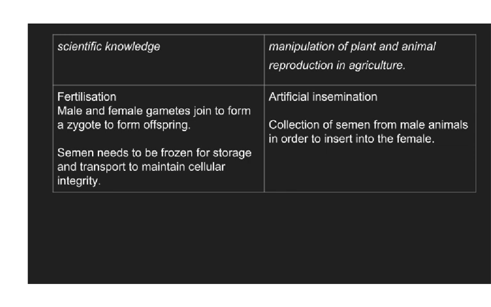And most importantly, that semen needs to be frozen for storage and transport to maintain the cellular integrity of the sperm. This is the most important component of artificial insemination, as today in agriculture, it means that, for example, cow farmers do not have to have a bull on site in order to produce offspring from their cows.